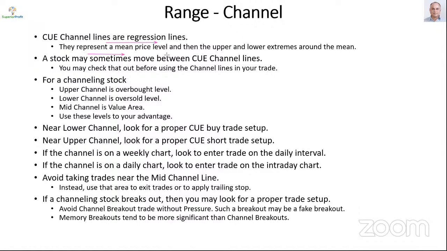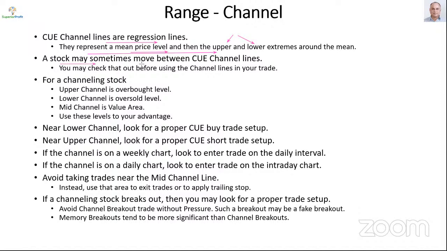They represent a mean price level and then the upper and lower extremes around the mean. Different platforms draw regression channel lines in different ways. In Q, it is the mean price level and then the upper and lower extremes. The Q channel lines are available only in Q Global. They are not available on Q Elite.